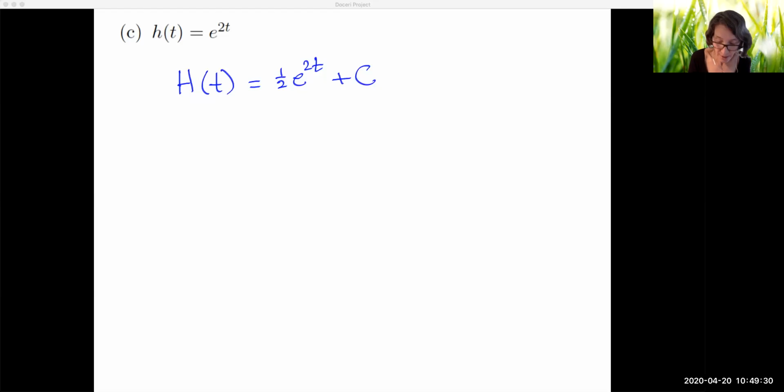And just to check, differentiate it, and you get 1/2 e to the 2t times 2 plus 0, and that simplifies to e to the 2t. So I got the right answer.